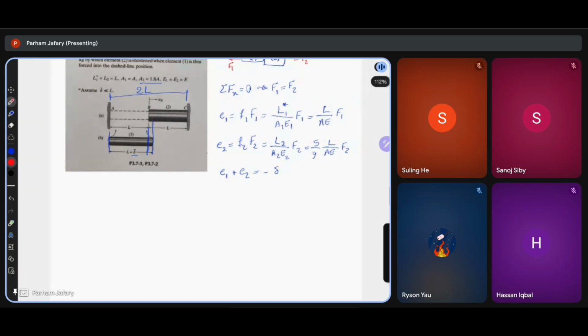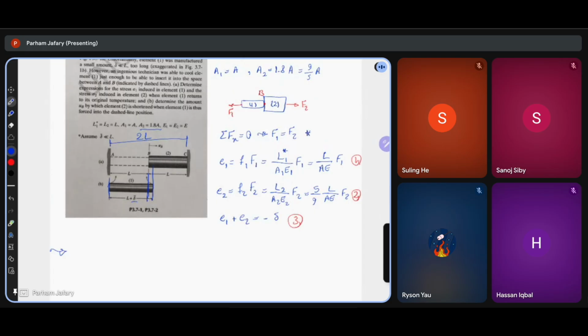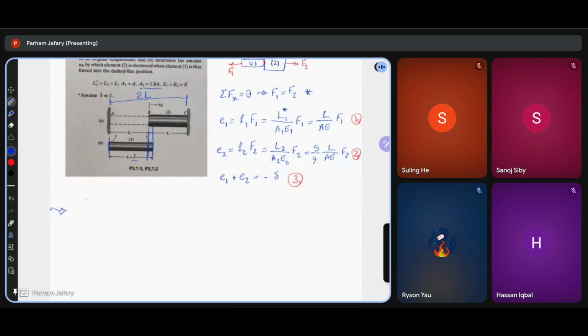Now, putting equations 1 and 2 into equation 3, and also taking into account that F1 and F2 are equal to each other, we'll end up having L over AE times F1 plus 5 over 9 L over AE times F2 is equal to negative delta.